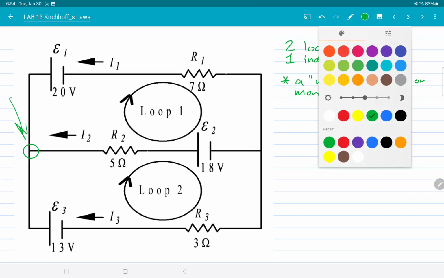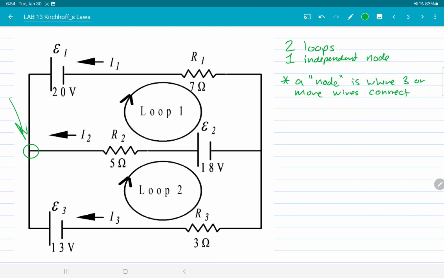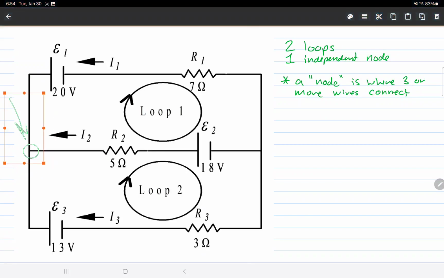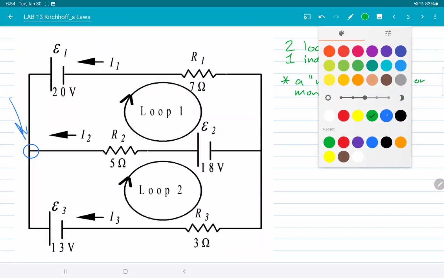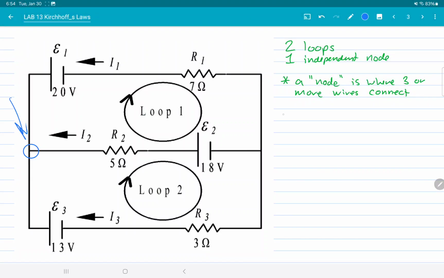And maybe some color coding might be helpful. Do this in blue. I guess there's 2 H's in Kirchhoff's.